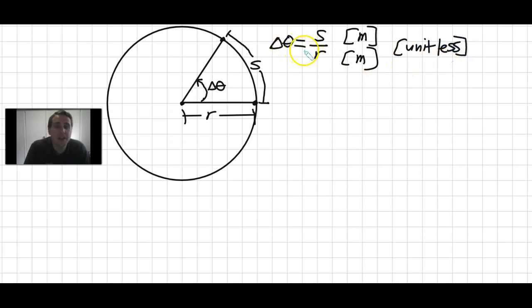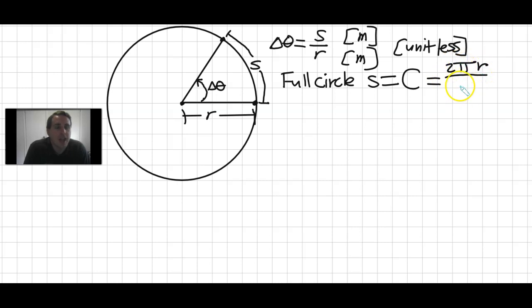So given that delta theta is unitless, we should give it a name. Now here's how the name is often presented. For a full circle, we know that s, the arc length, is exactly equal to the circumference. That's the distance all the way around the circle. And that distance we know to be the well-known geometry formula, 2 times pi times r. That is 2 times the special number pi times the radius. And we divide by radius.